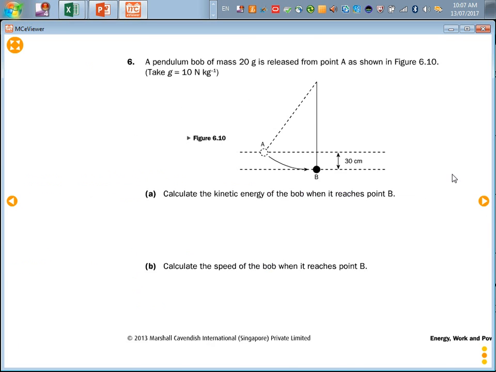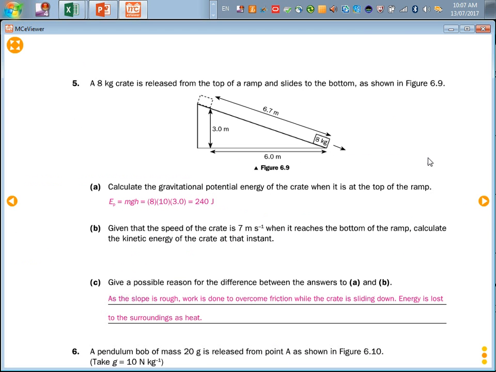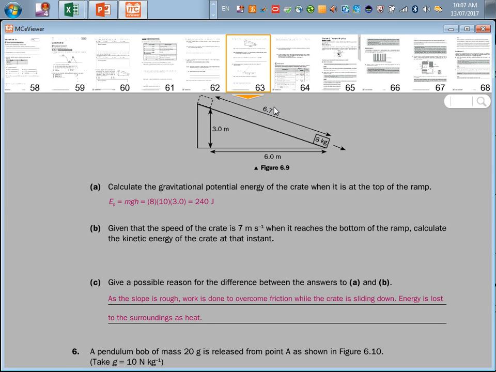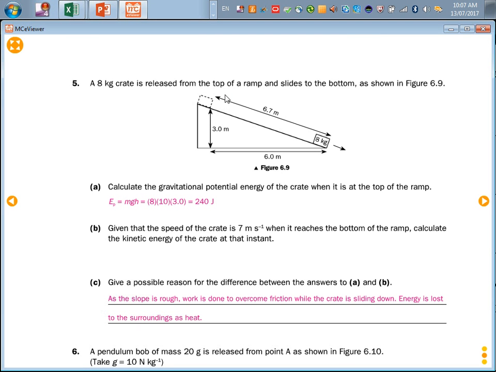Okay, next. Question 5. 8 kilogram crate released from the top. Sounds like what we did earlier on. Part A, calculate gravitational potential energy. Don't need to care about the slanted distance. We are only caring about vertical height above the ground.